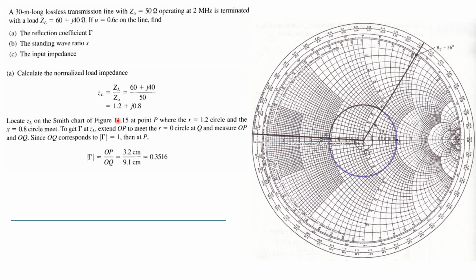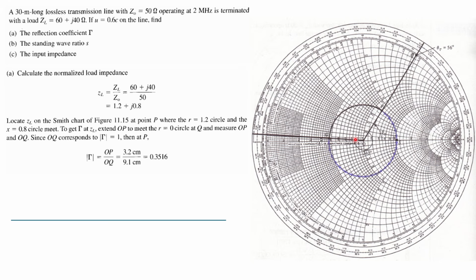Now once you have the value of normalized load, how will you locate it? The real part is 1.2, and the imaginary part is 0.8j. So where is R equal to 1.2? If you remember, this is R equal to 1, this is R equal to 0.5, R equal to 2, R equal to 5, R equal to 10, like that.